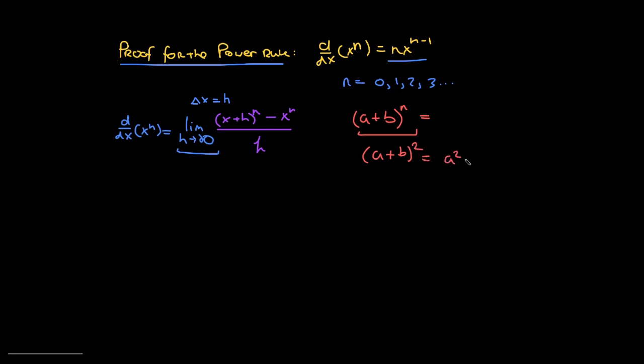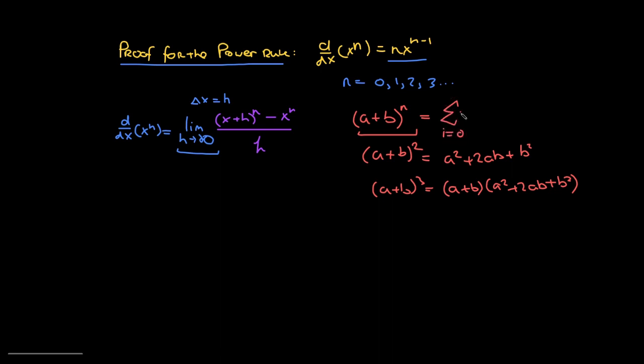That'll be a squared plus 2ab plus b squared, and you can do it for a plus b cubed. That'll be a lot of algebra, but you can do it kind of like this, but this takes way too long, especially for bigger powers of n. So to get around that, a formula was invented. I don't know by whom, but that doesn't matter. I'll just write it down.